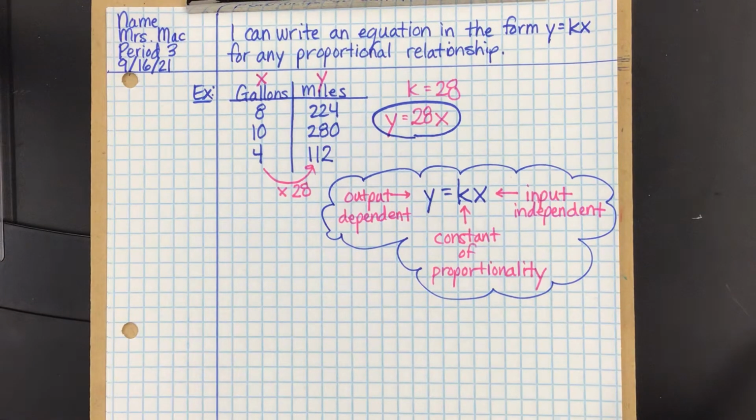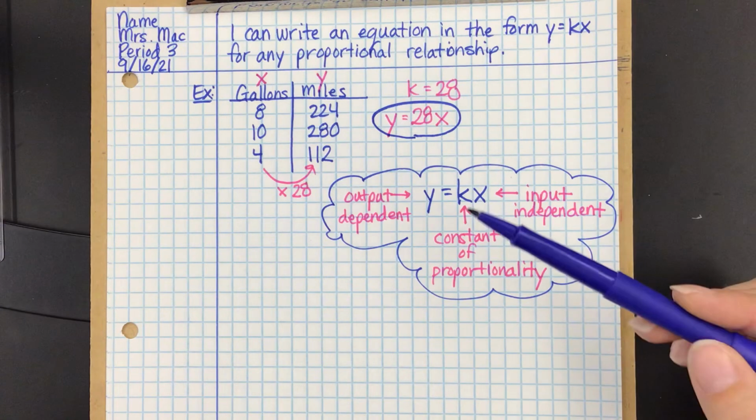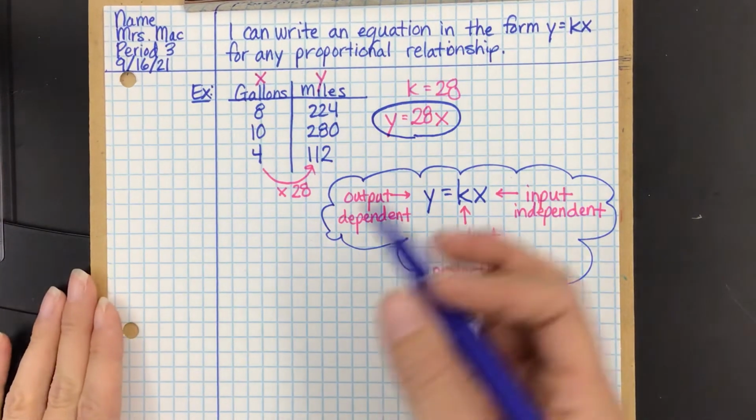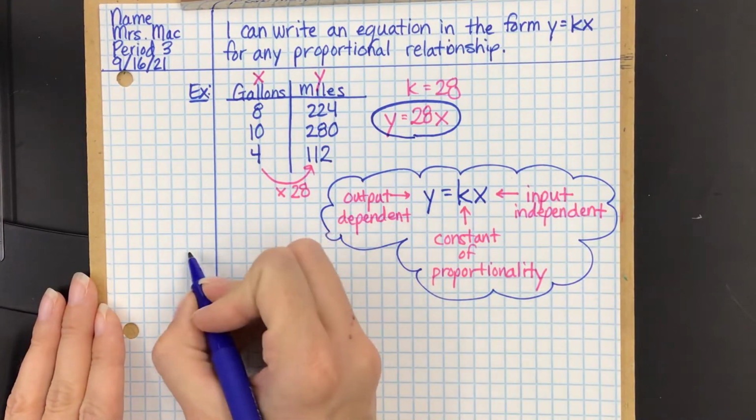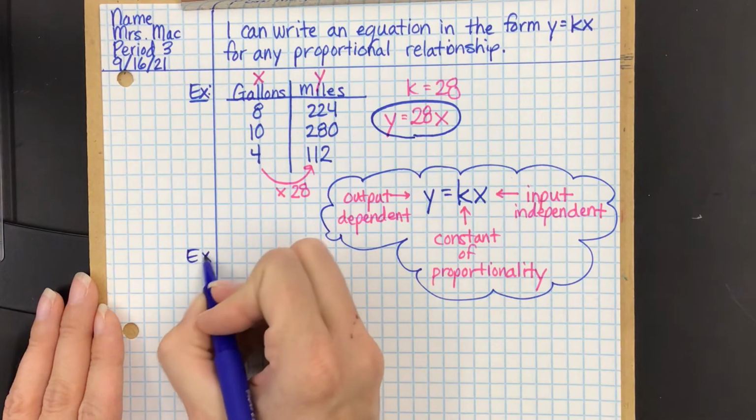Now you can write an equation, all you need is the constant of proportionality. And we know how to find the constant of proportionality for any situation. Table, a graph, if you're just given a situation, you can find the constant of proportionality, which means you can write an equation, okay? So let's take a look at an example here. Let's say that they didn't even give you a context.